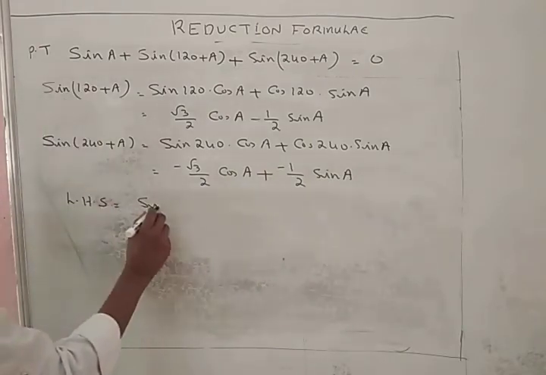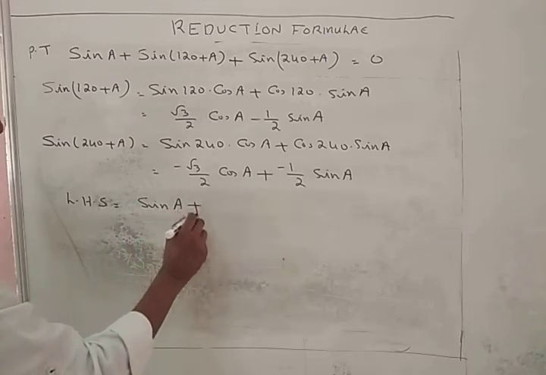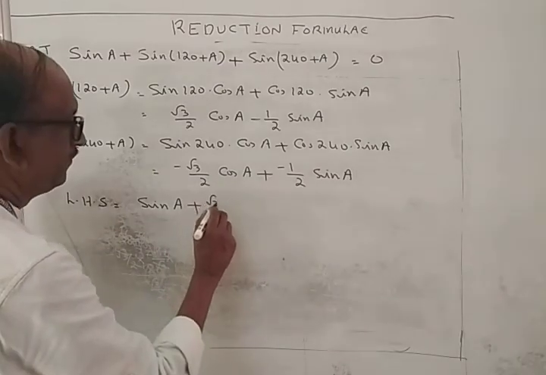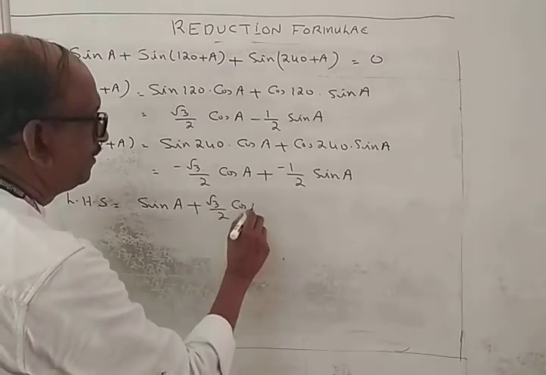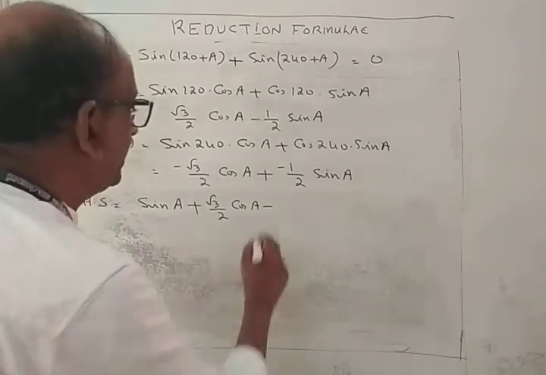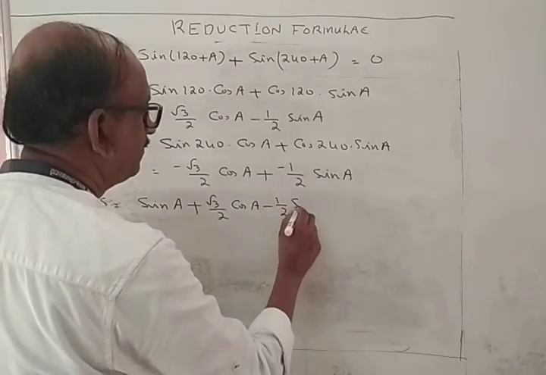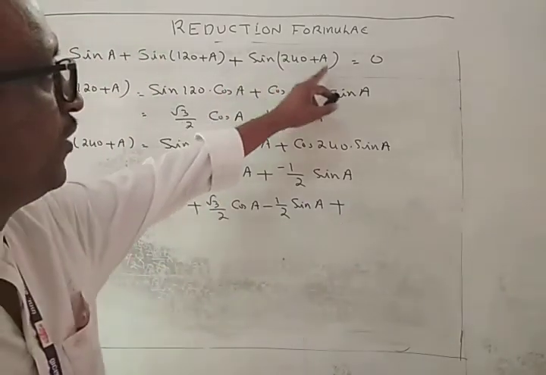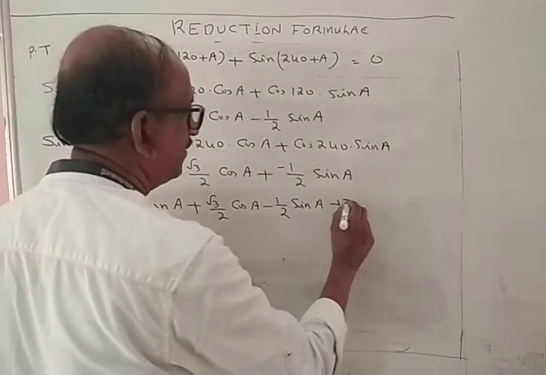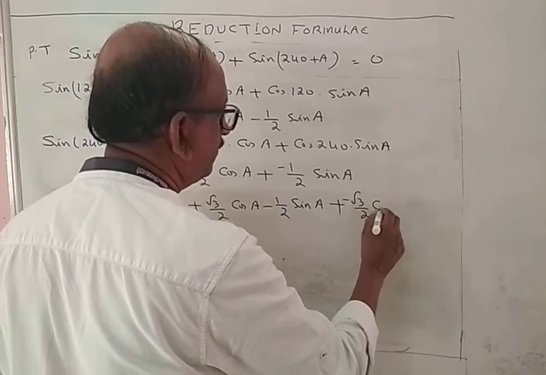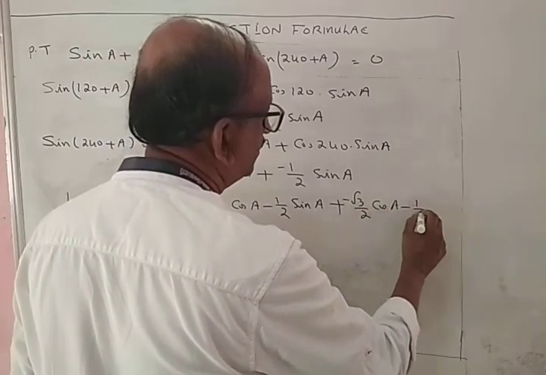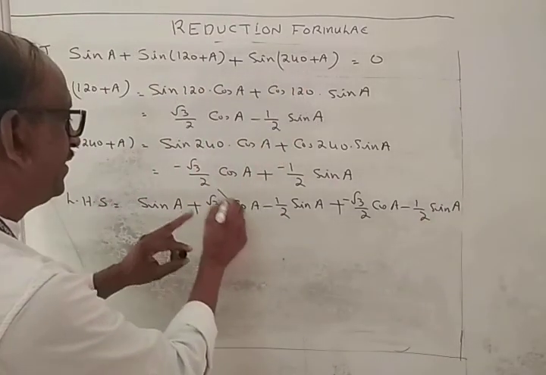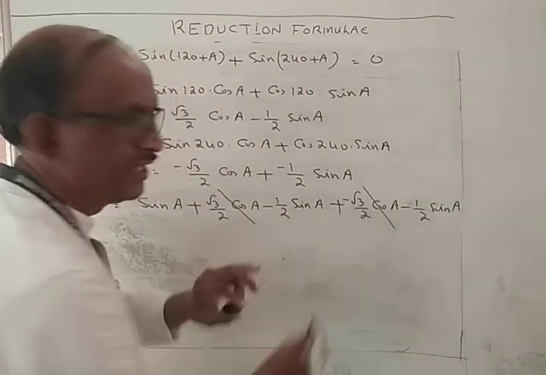Sin A plus sin 120 plus A is root 3 by 2 cos A minus 1 by 2 sin A, plus sin 240 plus A is minus root 3 by 2 cos A minus 1 by 2 sin A. This root 3 by 2 cos A and this minus root 3 by 2 cos A got cancelled.